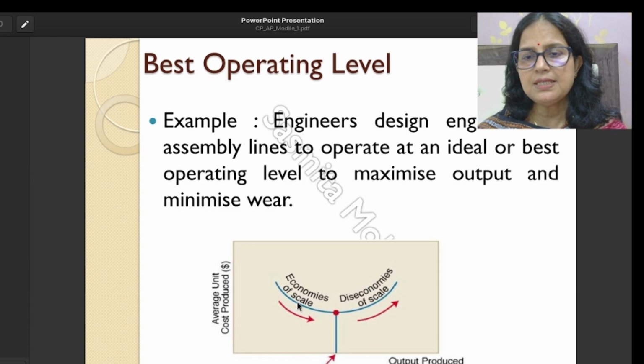Here we achieve the economies of scale till the best operating level. When the number of units produced is increasing, we are achieving the economies of scale. But till which point? Till the best operating level only.